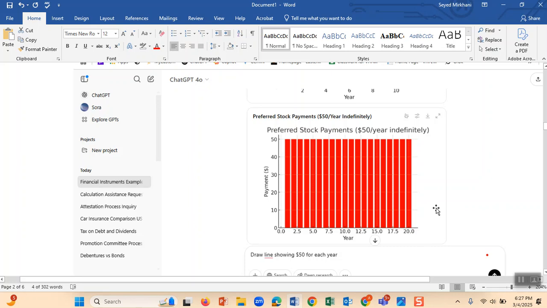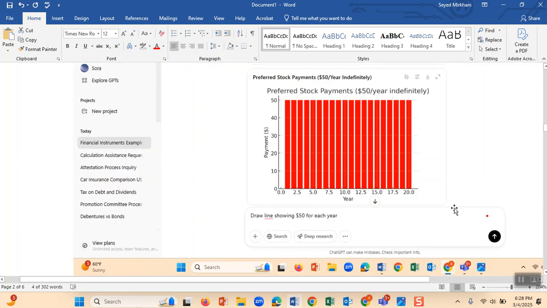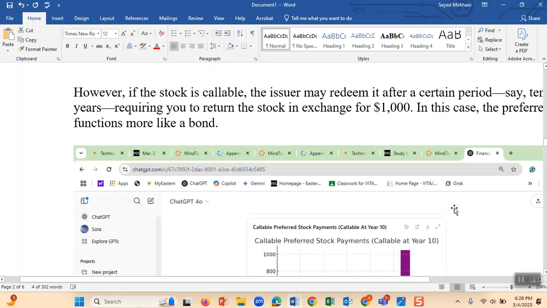However, some of these preferred stocks, if they are callable, that means the issuing company might call them back if the contract says that after 10 years, we are going to give your money back. Therefore, if that happens, suddenly it will have the shape and feature of a bond.